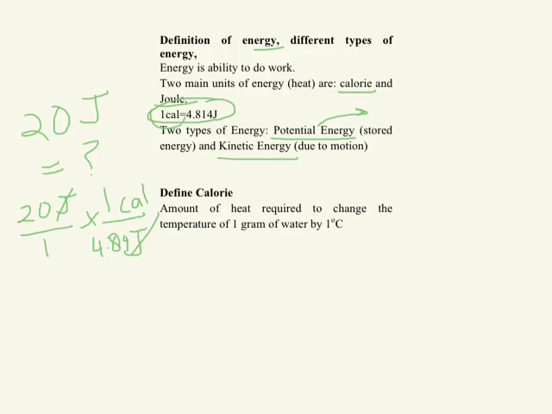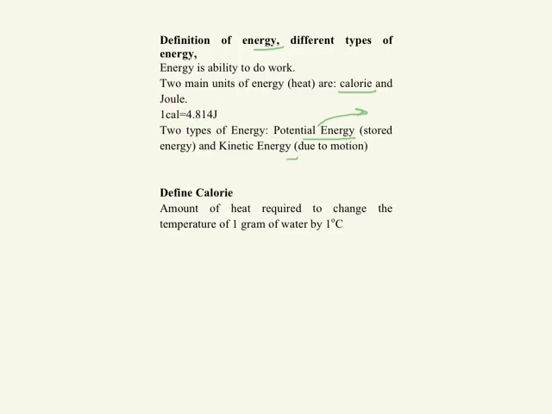Now we said calorie here is the unit of energy. Now how to define calorie? 1 calorie is the amount of heat required to raise the temperature of 1 gram of water by 1 degree Celsius.